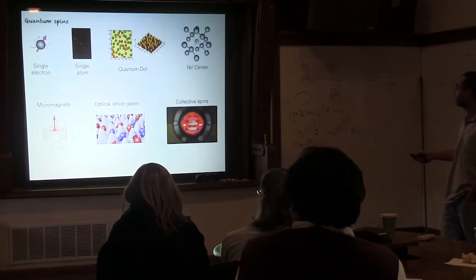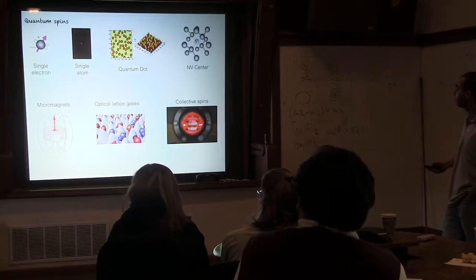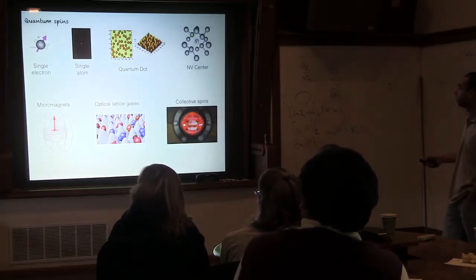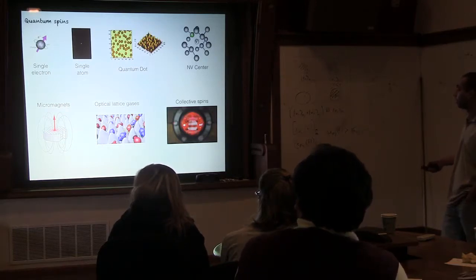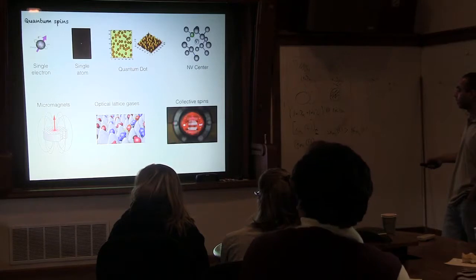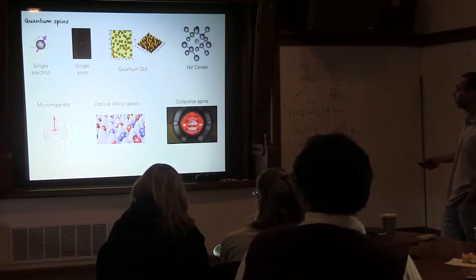So you probably encountered a whole range of different kinds of spin systems, all the way from the smallest spin, the single electron, to quantum dots, NV centers. A lot of talks about NV centers, getting to slightly larger length scales, micromagnets.